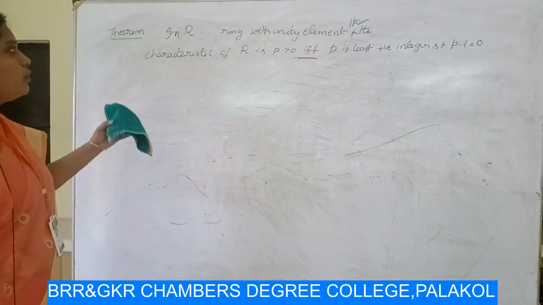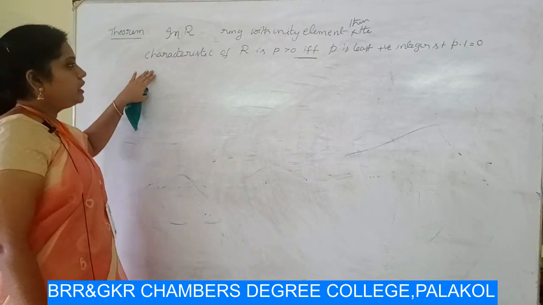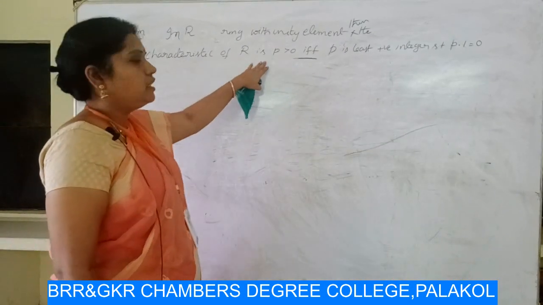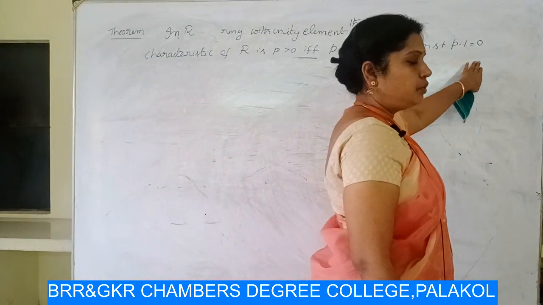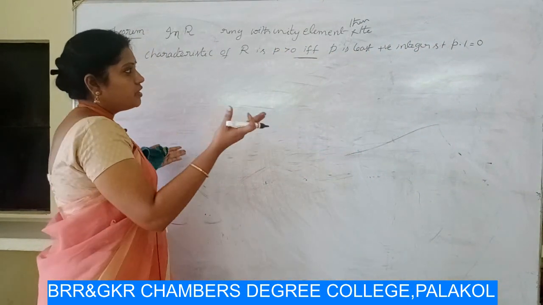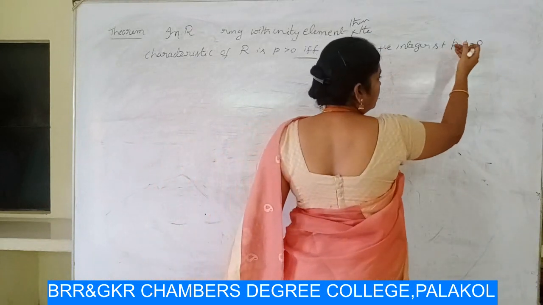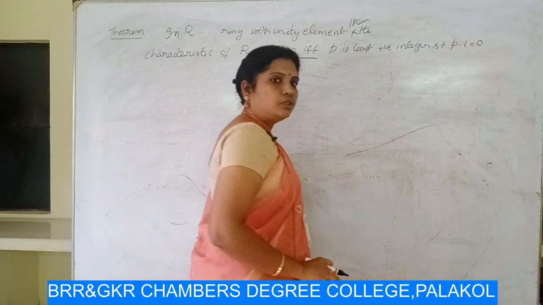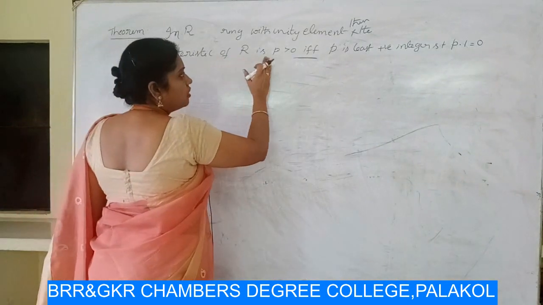That means we have to prove this theorem in two parts. First we assume that the characteristic of a ring R is P, and we have to prove P into 1 is equal to 0 where P is the least positive integer. Conversely, we assume that P is the least positive integer for the unity element such that P into 1 is equal to 0. We have to prove that the characteristic of a ring R is P.